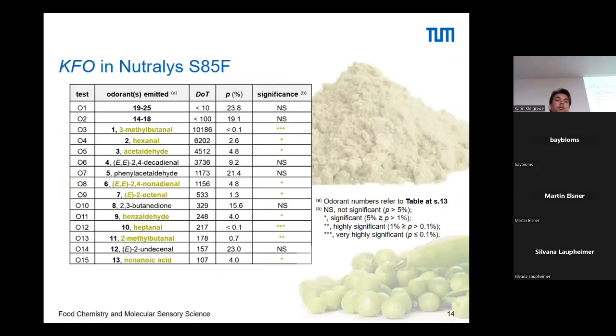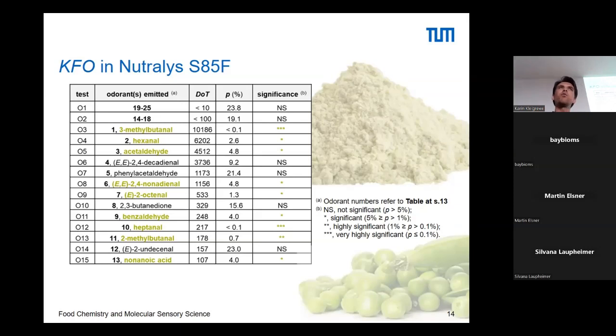In doing so, we could further reduce these 27 analytes to 9 KFOs, namely 3-methylbutanol and heptanol with very highly significant differences, 2-methylbutanol with a highly significant difference, and hexanol, acetaldehyde, E2,4-nonadienal, E2-octenal, benzaldehyde, and nonanoic acid with at least significant difference.